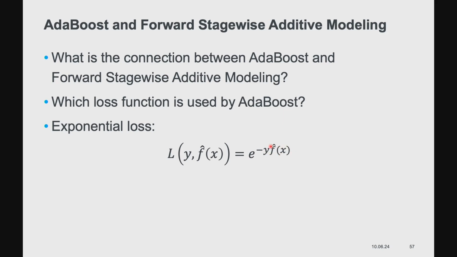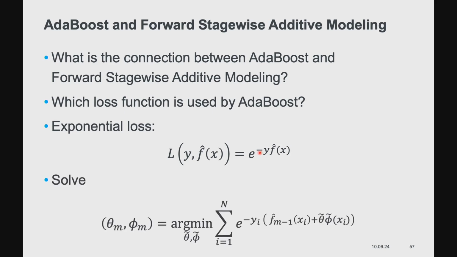Because of the minus, it becomes a very negative number, and e to the power of a very negative number is a very small number because you have exponential decay, which means you have a very small loss. The same is true if y is negative and f hat is a very negative number, you have a very small loss. If the two diverge, then you have e to the power of a positive number, which grows very, very quickly. So you have a large loss. So this is the exponential loss, how it works, just by looking at the algebraic terms.